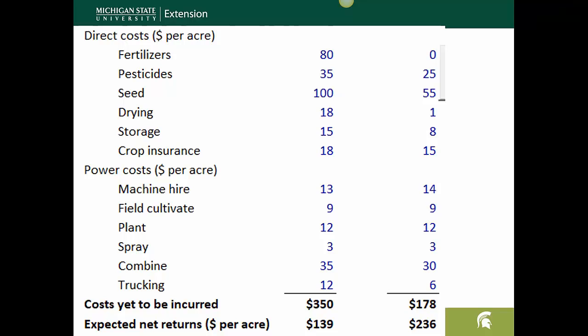Some herbicides, pesticides, seed costs, different kinds of costs, machine hire, you can read the numbers. These are your pocket costs, not total costs. So think of it as a cash flow kind of number. Notice depreciation, for example, is not in here because these need to be the variable costs. Here are costs yet to be incurred, $350 and $178. So expected net returns per acre, $139 on corn, $236 on soybeans.